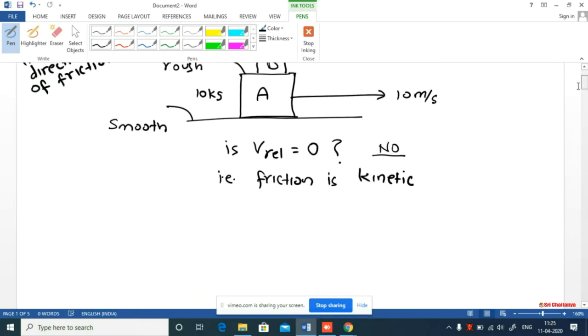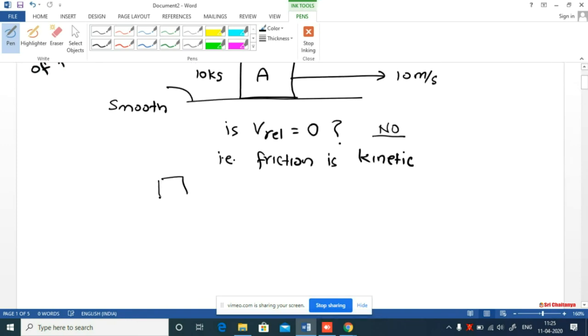Acting on B and acting on A. So again, suppose this is B and this is A. You can see that with respect to B, A is moving forward. Velocity of A with respect to B is in forward direction, obviously 5 meter per second.